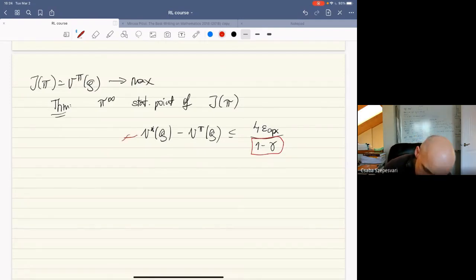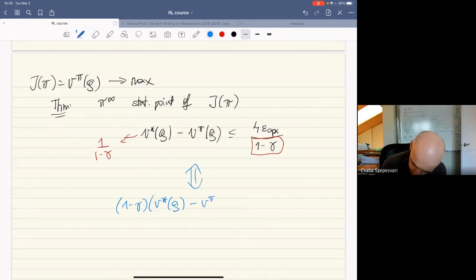And as I said, this has the scale of 1 over 1 minus gamma. So some people, in fact, normalize the value functions, pre-multiplying everything with 1 minus gamma, so that they are between 0 and 1. If you do that, then this looks much better, because this is equivalent to saying that 1 minus gamma times this is less than 4 times this.